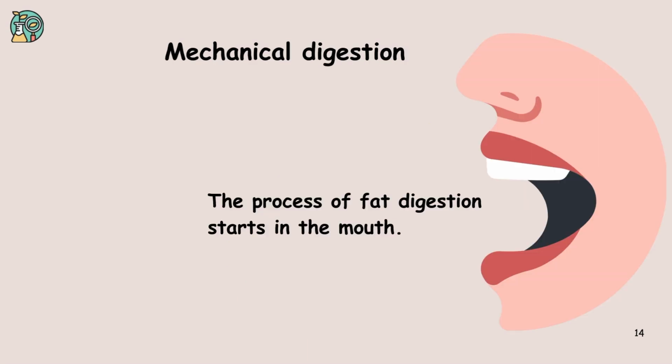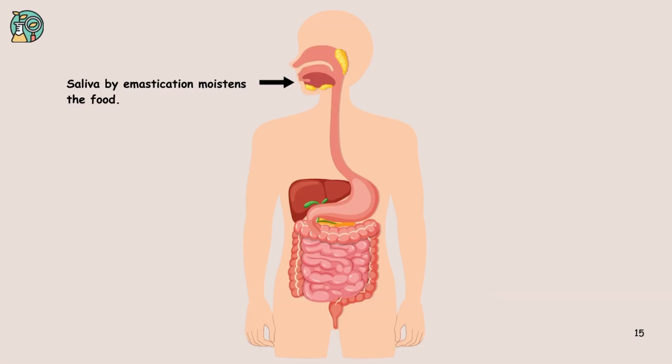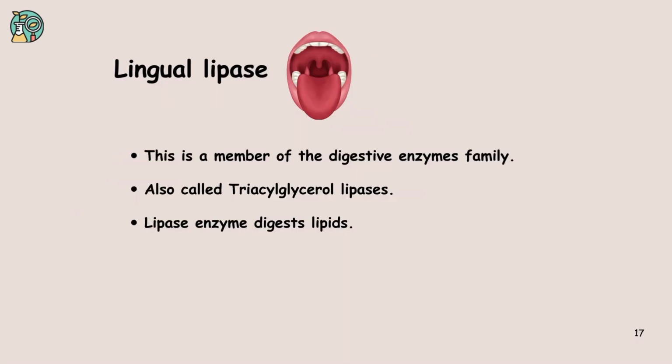Now let us see the process of digestion of fat and how it happens in our body. Saliva in our mouth moistens the food and this process is known as mastication. The fat present in the food initiates the secretion of enzyme lingual lipase on the tongue. Lingual lipase enzyme is a member of the digestive family.